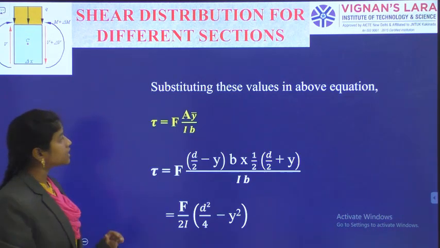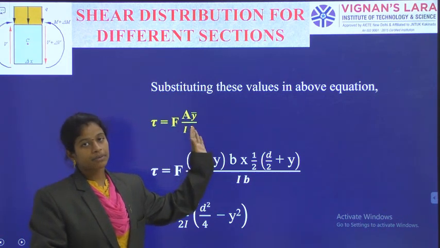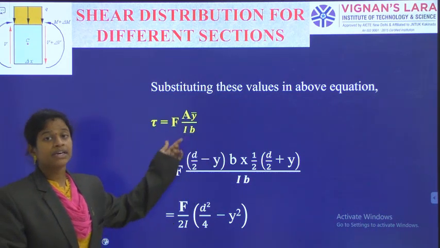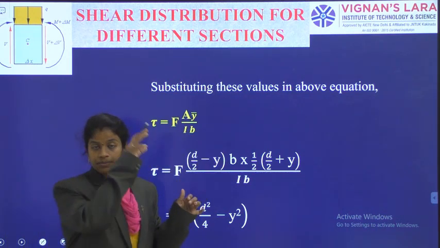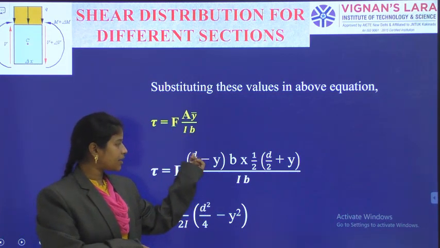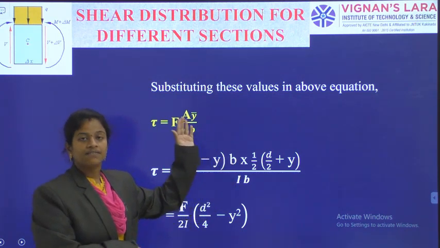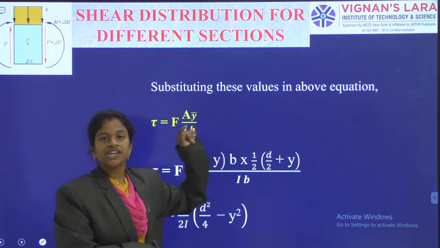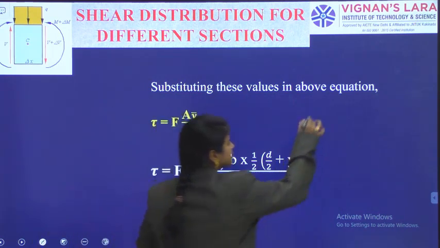Now, substituting all the terms in the equation, tau is equal to F A y bar by I into b. F as it is I'm keeping. A we have got from the shaded portion's area, width and depth, so (d by 2 minus y) into b. And y bar is the distance from the centroid of the shaded portion to the neutral axis.